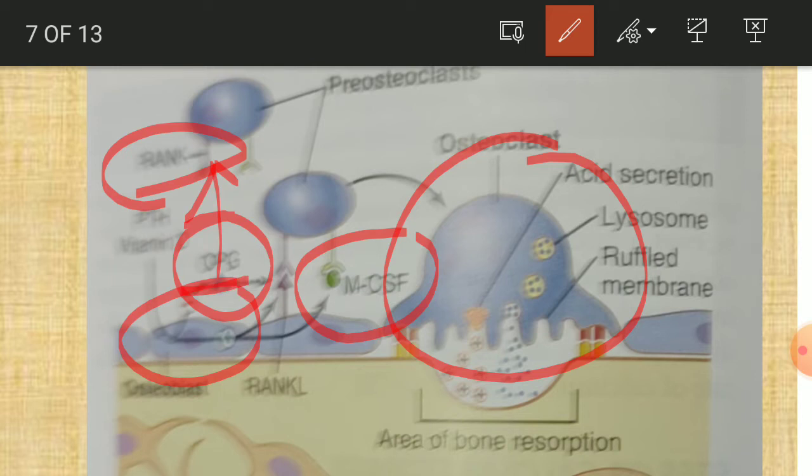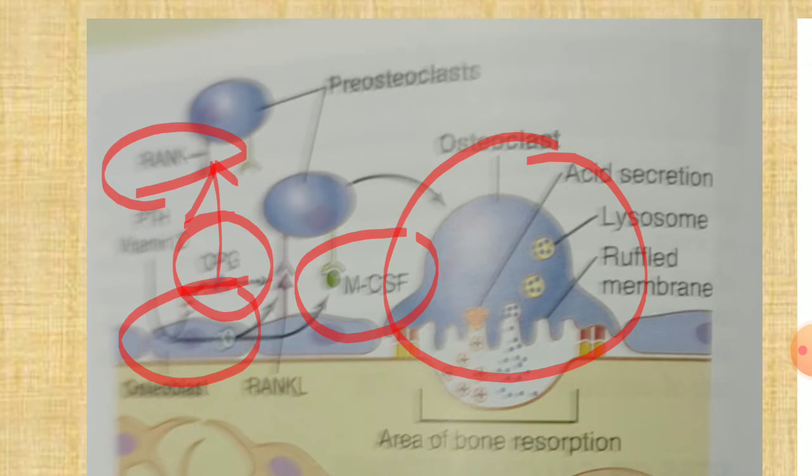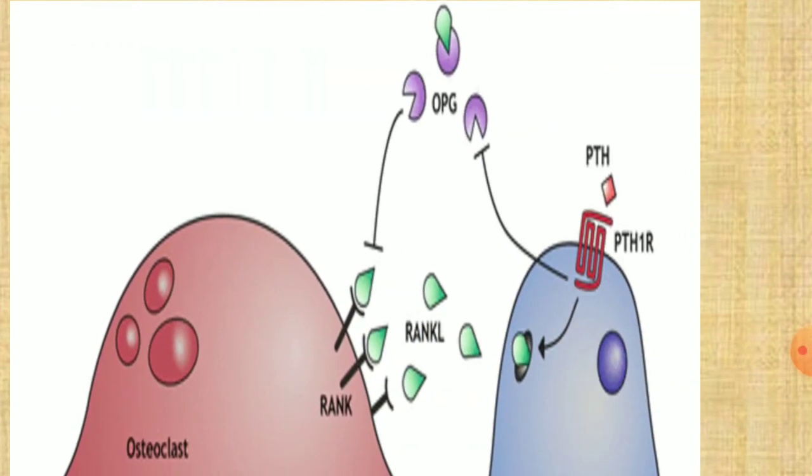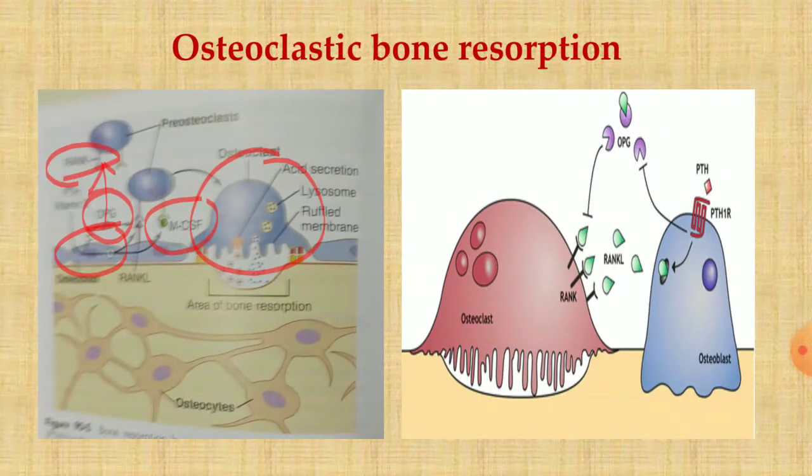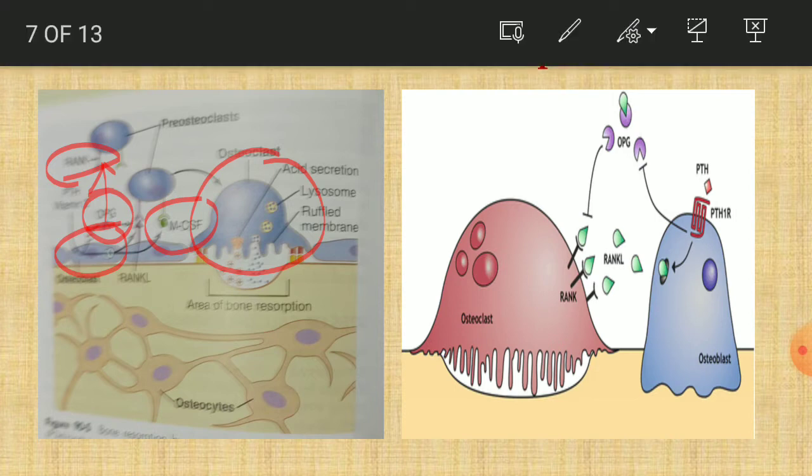Am I clear? Okay. So in this diagram, we are seeing the interaction of RANK, OPG and RANK ligand on the surface of osteoclast. What we are seeing, you see, by the action of PTH on the specific PTH receptor, the osteoblast releases RANK ligand which gets attached to RANK.